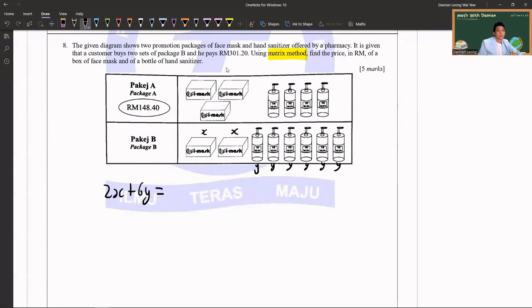Sorry, this is 1 set of package B, but they say 2 sets of package B. So means times 2 of that. Yeah, I get 301 ringgit 20 cents.